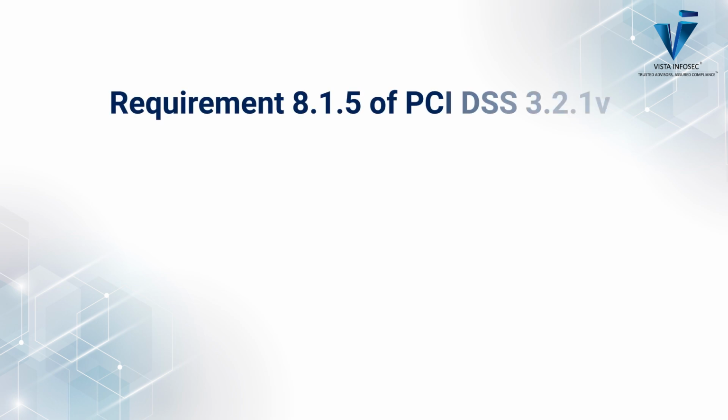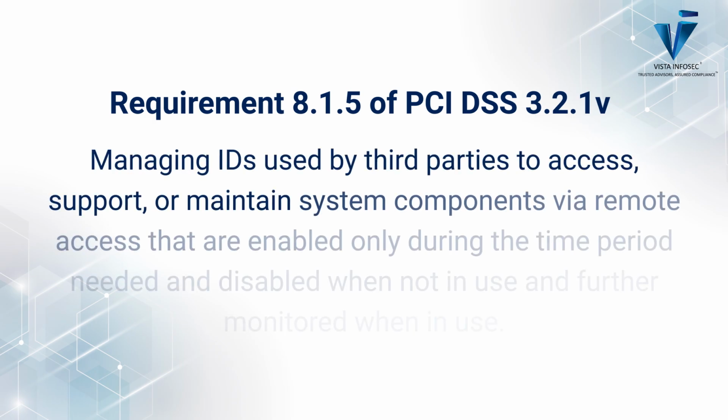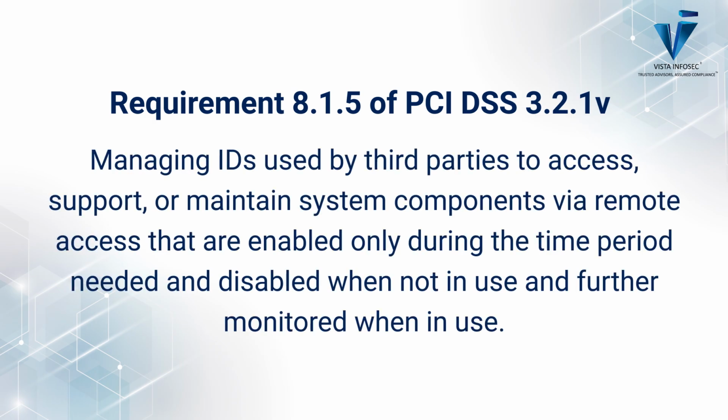Now, the earlier version 3.2.1 requirement 8.1.5 mentions managing IDs used by third parties to access, support, or maintain system components via remote access: that they are enabled only during the time period needed and disabled when not in use, and then monitored when in use.